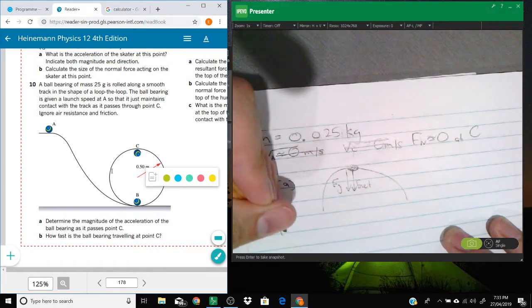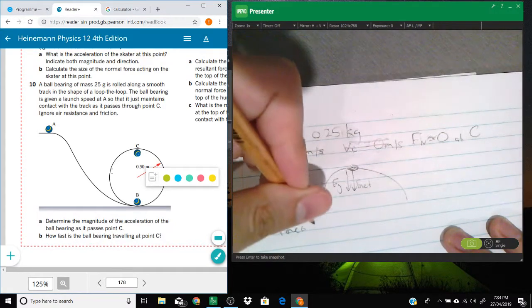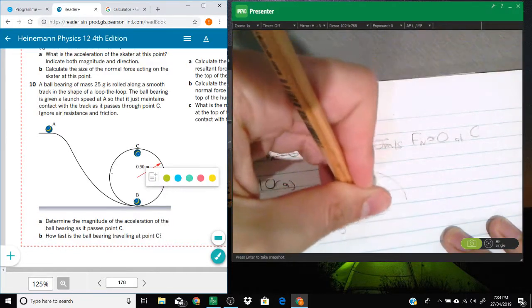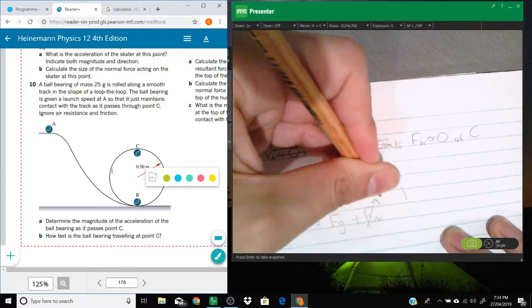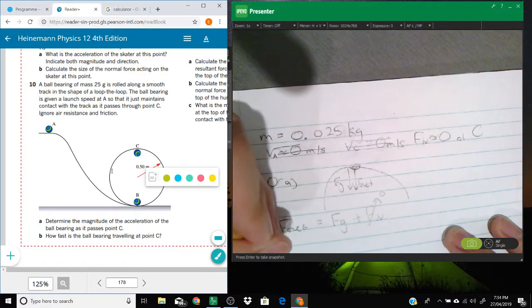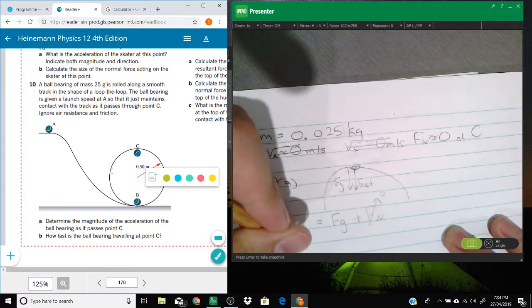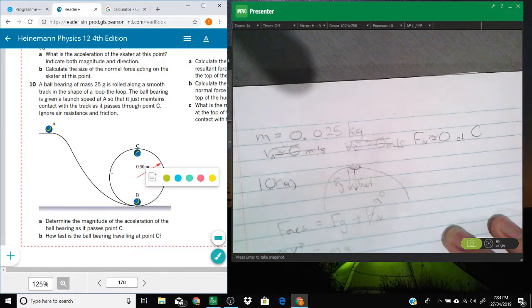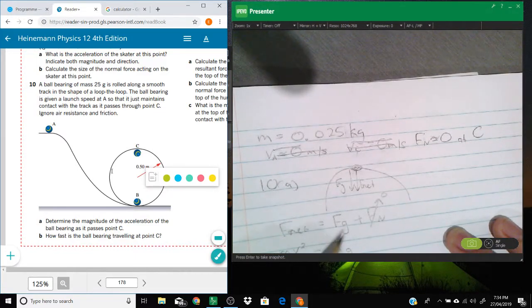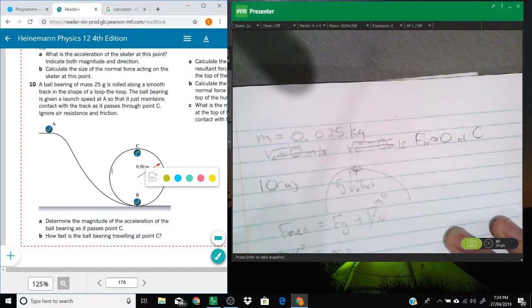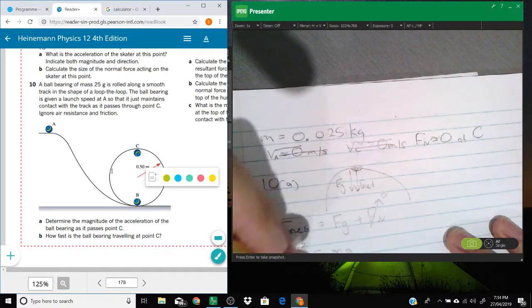So net force is equal to the weight force plus the normal force, which is 0 at C. And the net force is what's providing centripetal acceleration, so mv squared on r. And it just so happens that it is actually the weight force that's going to do this. So they give us the mass, but I don't think we actually need it. I think we can do this without it.